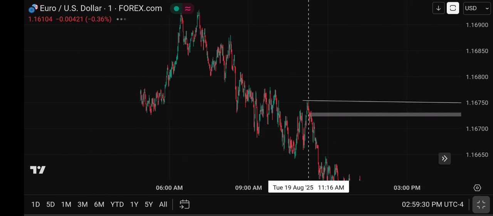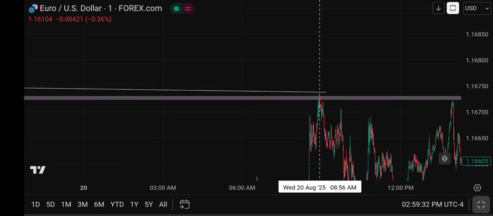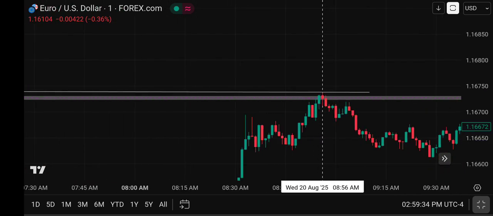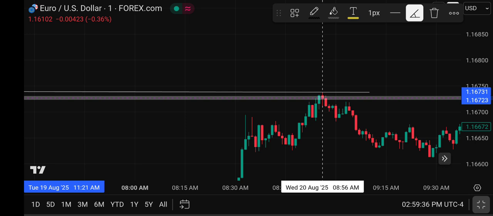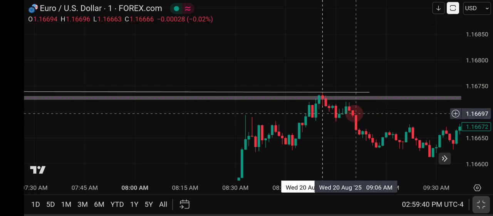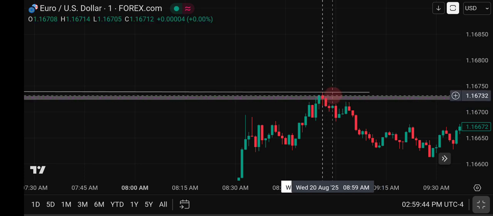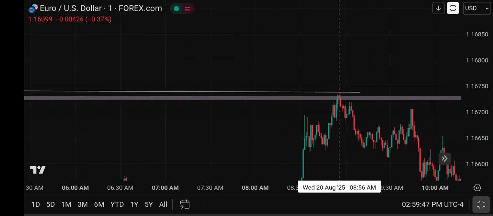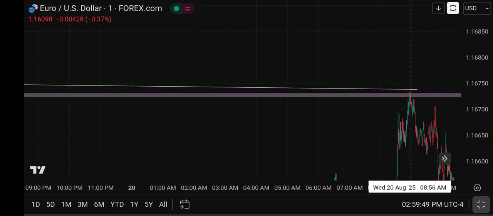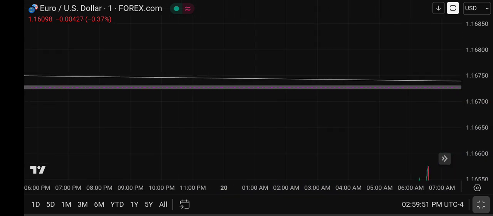It was being respected by Euro and price made a lower low. You can see that it perfectly fitted in with this fair value gap. As you can see, the body is closed inside, although it went just a bit higher, but it's okay guys. This is still the respect of this fair value gap, and price made a lower low here.